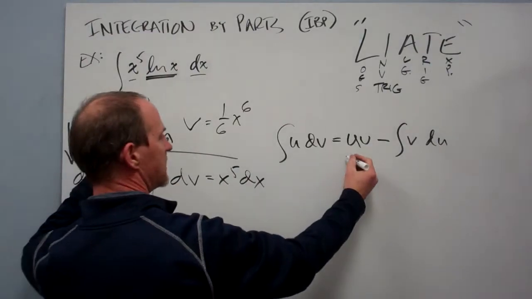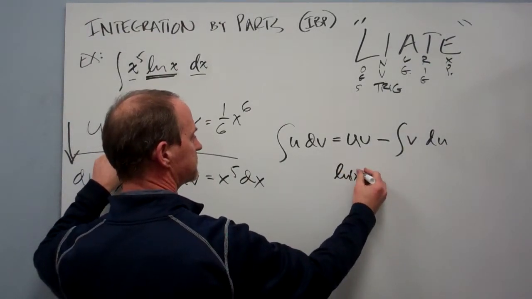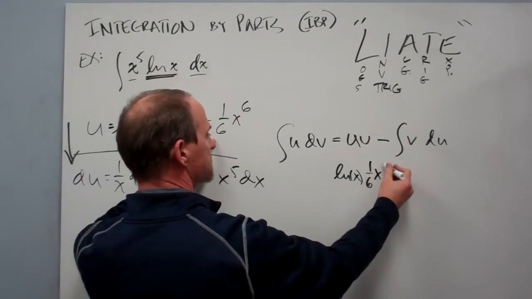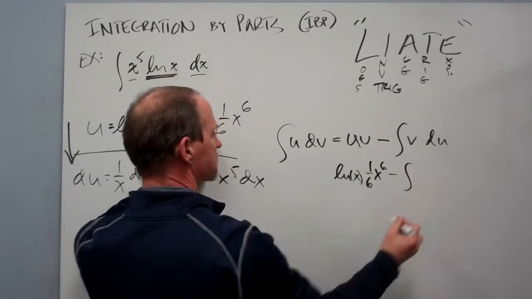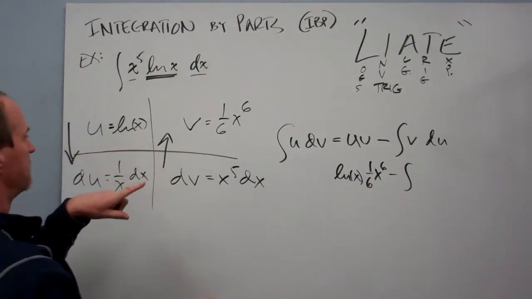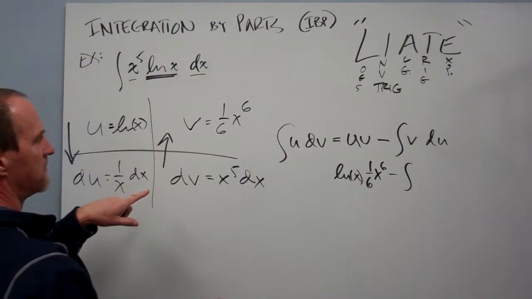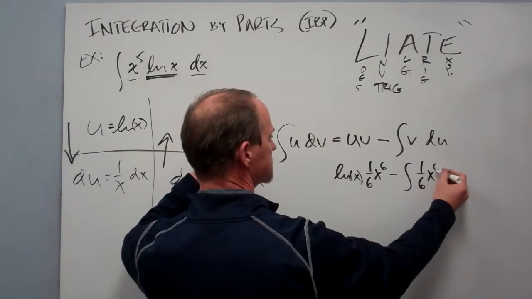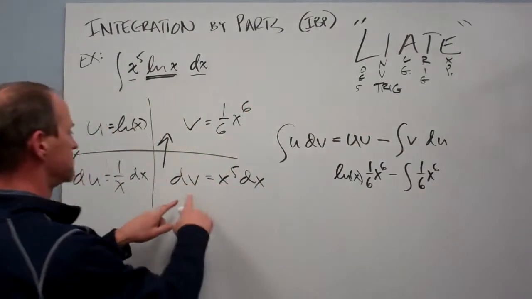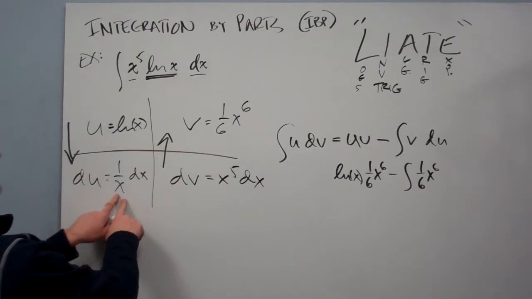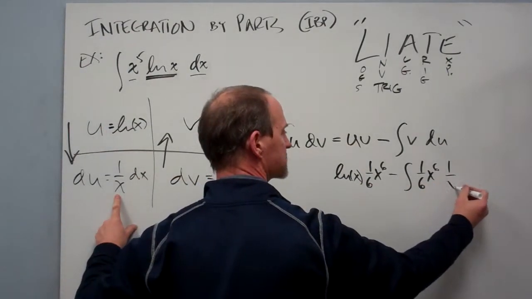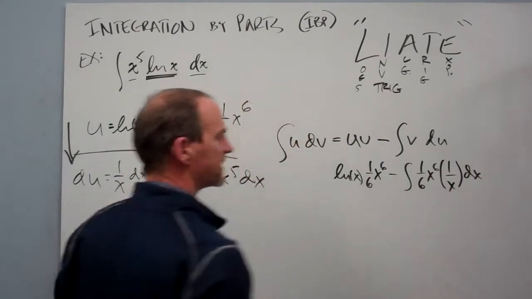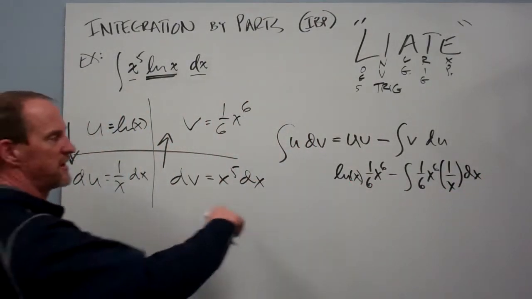So u then is ln of x. v is 1/6 x to the 6th, minus the integral of then v, which is again 1/6 x to the 6th, and then what is du? du here is 1 over x dx, okay? And that's what we've got, and then we just grind it out.